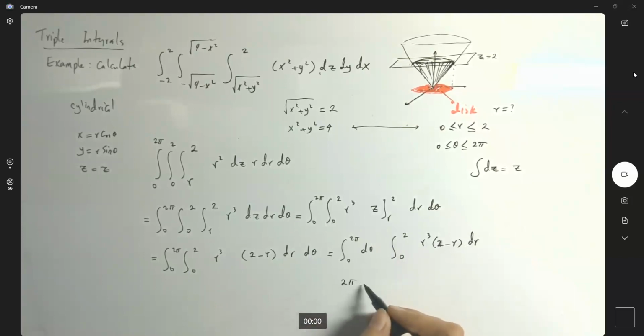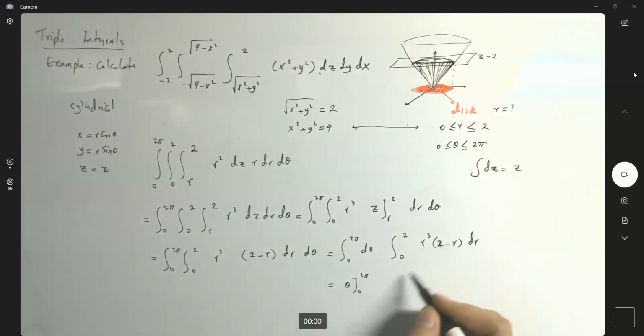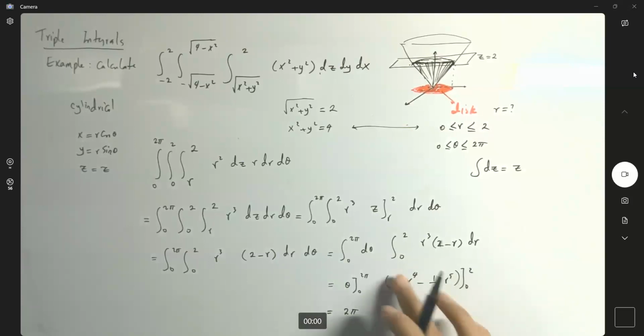Then if you do the multiplication and write everything down, this is 2r cubed, which gives 2 over 4 r to the 4 minus 1/5 r to the 5, from 0 to 2. So this is 2 pi, and here you have a half, and you get 16 divided by 2 minus 32 divided by 5. If you simplify the whole thing, it's going to be 16 pi over 5.